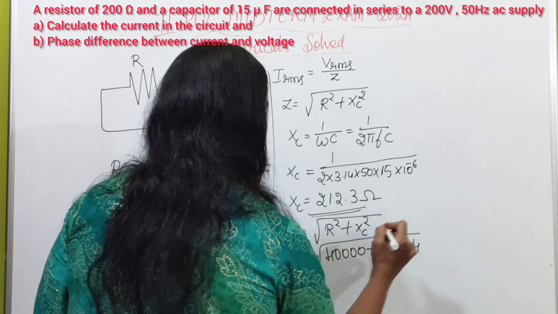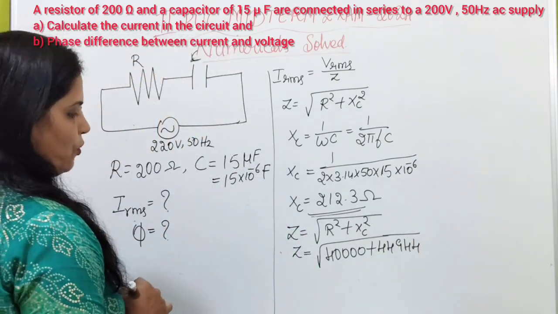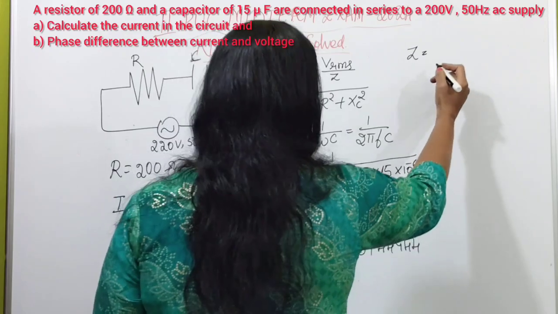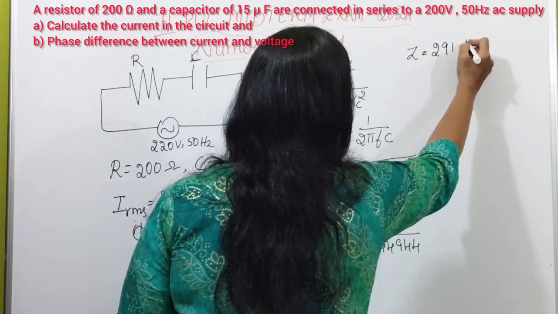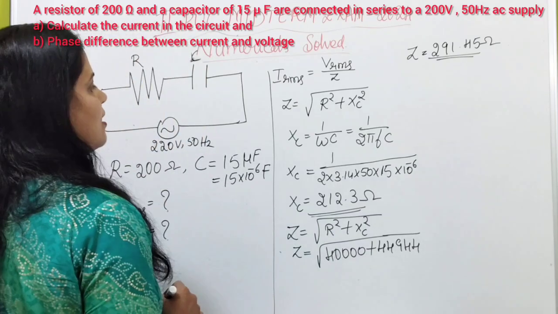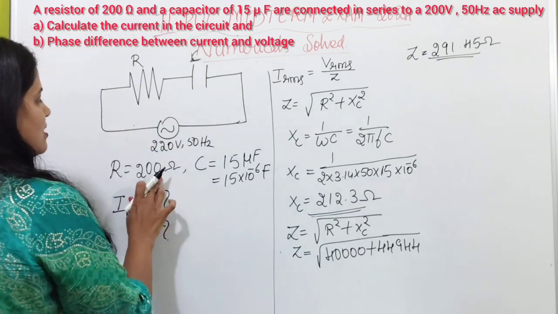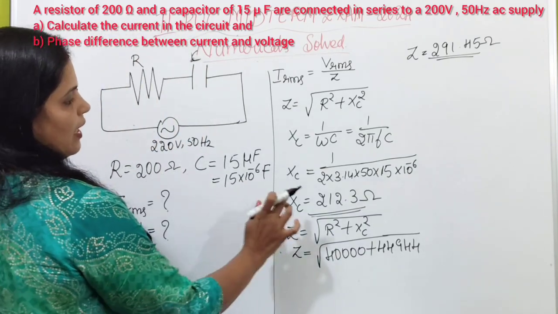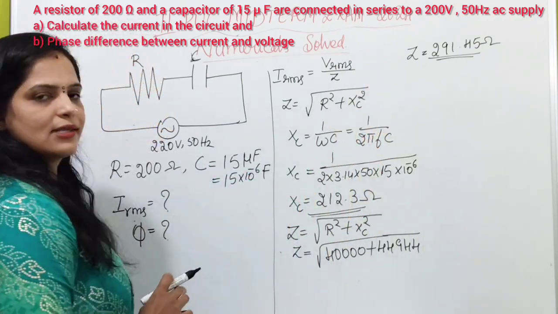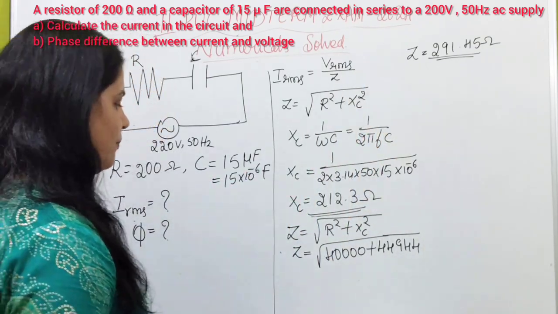Adding and taking square root, Z is equal to 291.45 ohm. And one more common sense here: if R is a 3-digit number, 200, and XC is also 200 something, Z will be 200 something, a 3-digit number.